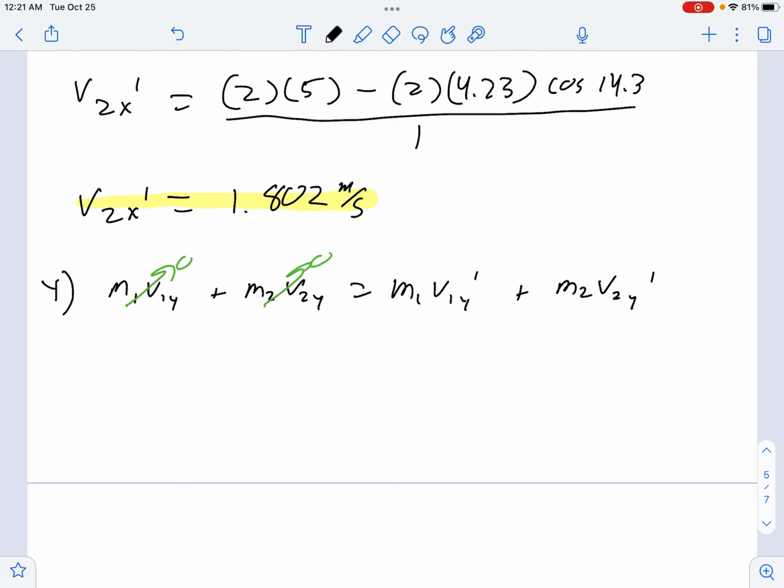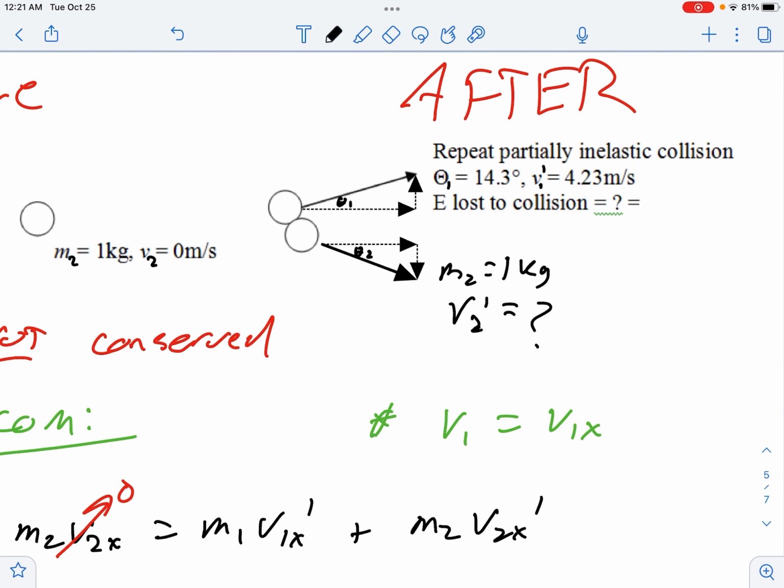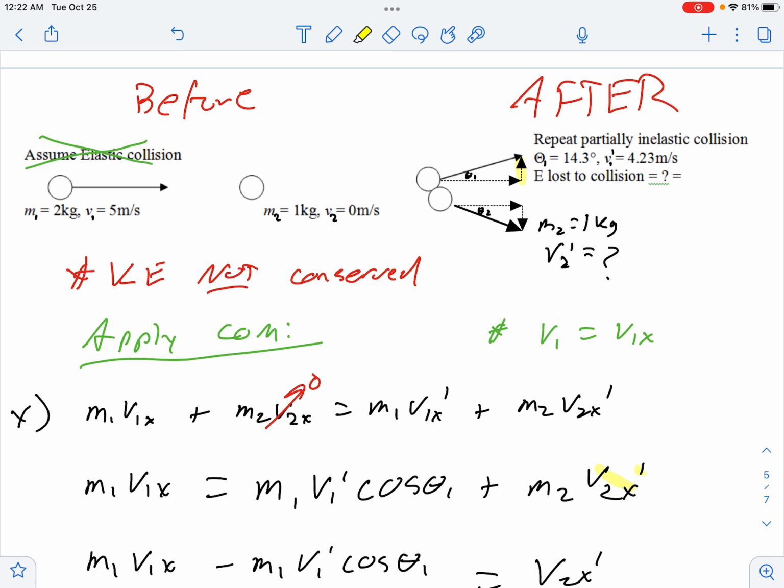Like we were looking at with conservation of energy, the vertical part of ball 1's momentum after is equal and opposite to the vertical momentum of ball 2 after. Going back and looking at what I have here, since I have the speed and the direction of ball 1, so I know the theta, I can solve for whatever component I want. The vertical piece would be opposite, so it's the sine function. That's what I need to get the vertical piece of momentum for ball 2, so that's exactly what I'm going to do.